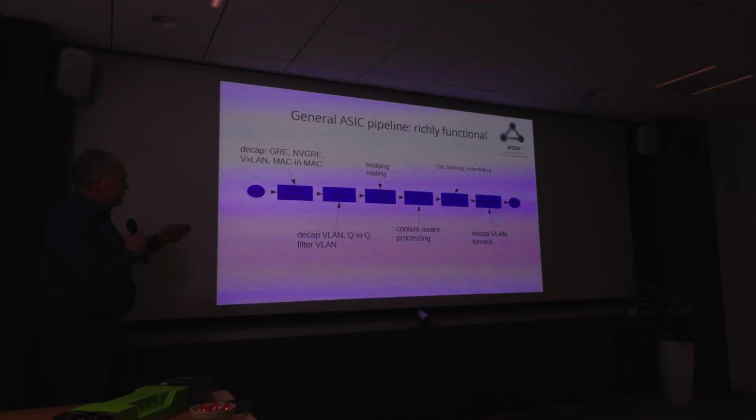Now, what we can do, and I don't think I'm telling you any news, when we have a look at the abstract pipeline of, let's say, a Broadcom switch, you do have some form of tunnel termination features, a VLAN table, a layer 2, a layer 3.